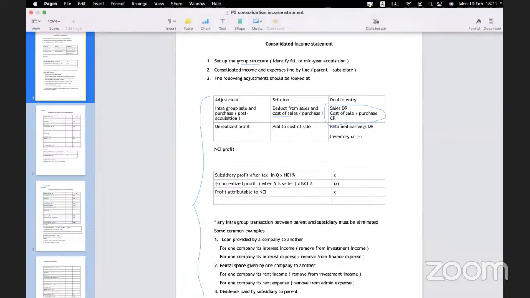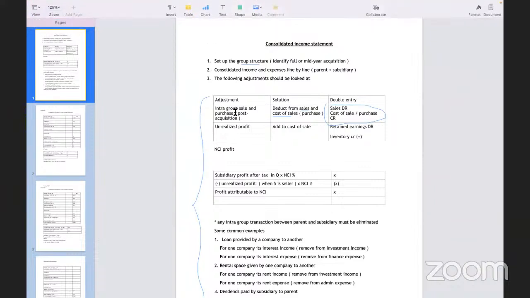Right. Now, guys, remember one thing. Always an intra-group sale and purchase is followed by a URP adjustment. When you do SOFP, you only have the URP adjustment, unrealized profit. But when you do the income statement, you have both the intra-group sale and purchase followed by the URP.